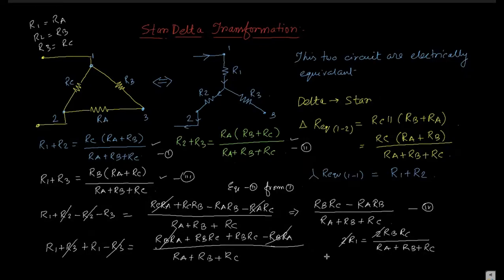So 2 and 2 cancel out. So R1 becomes RBRC divided by RA plus RB plus RC.